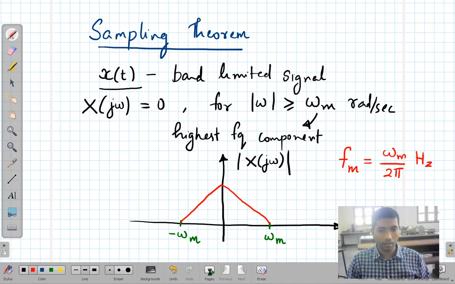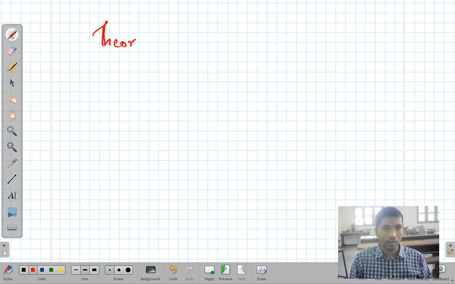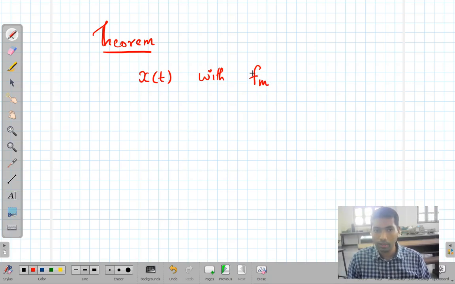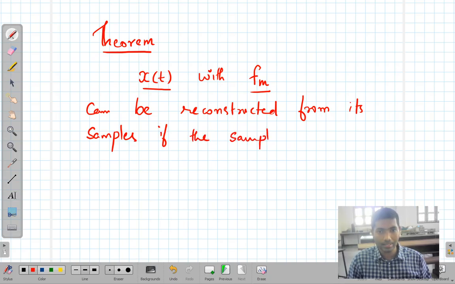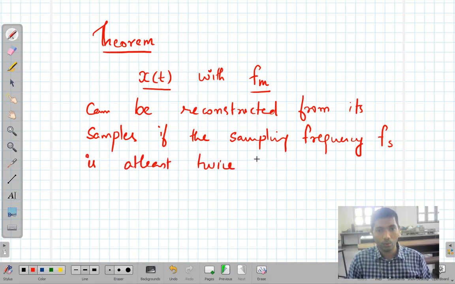Now let me give the theorem. The theorem states that a band limited signal x of t with highest frequency component fm can be reconstructed from its samples if the sampling frequency, let me denote it by Fs, is at least twice fm.